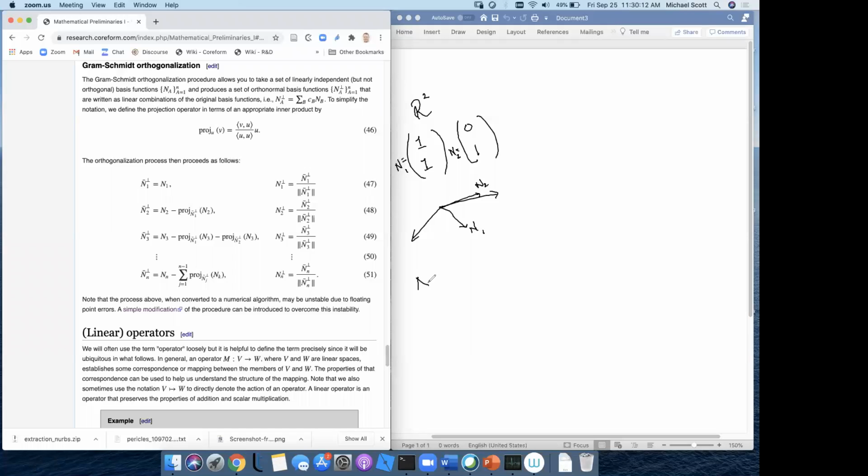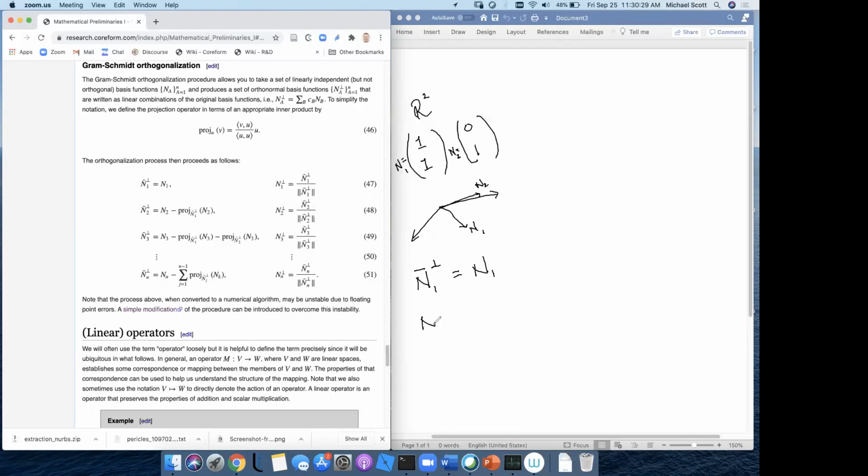So N1 hat perpendicular, let's just set that equal to either one, N1 or N2. It doesn't matter. Why don't we pick N1 because it'll be a little more interesting.